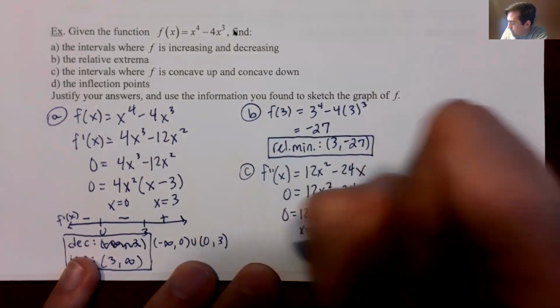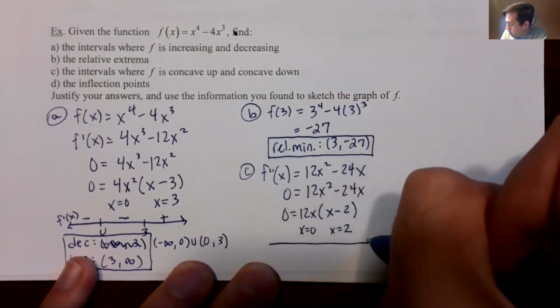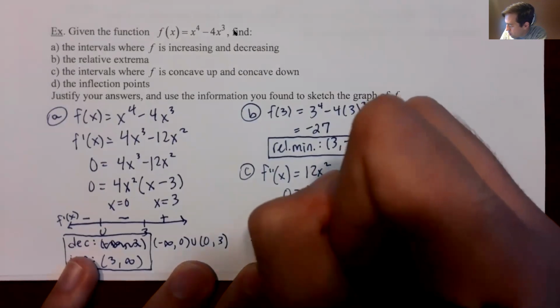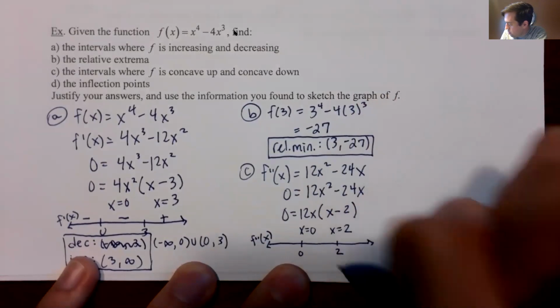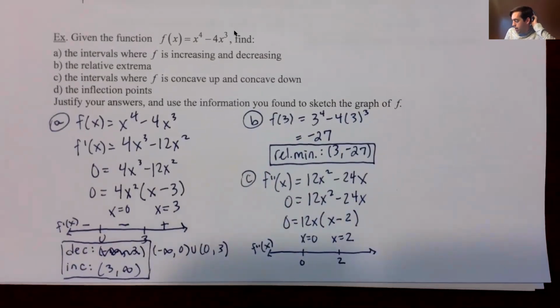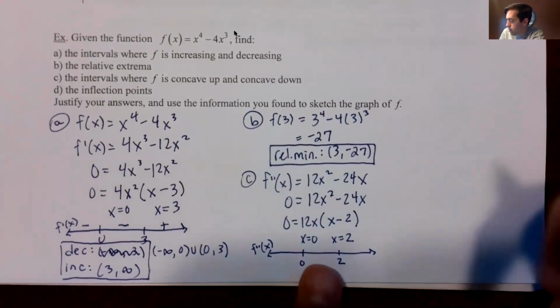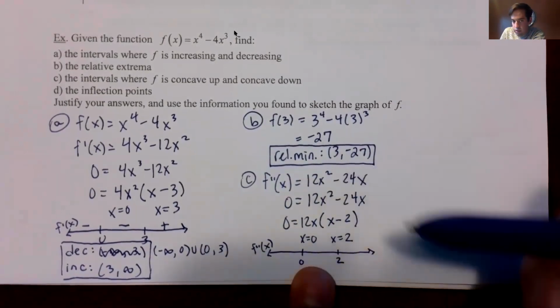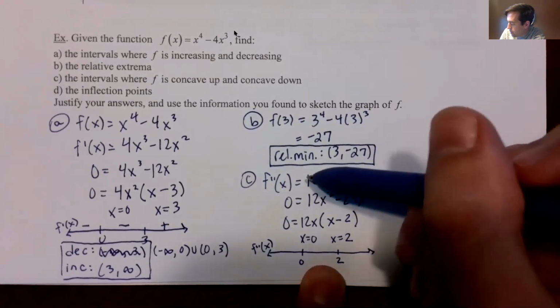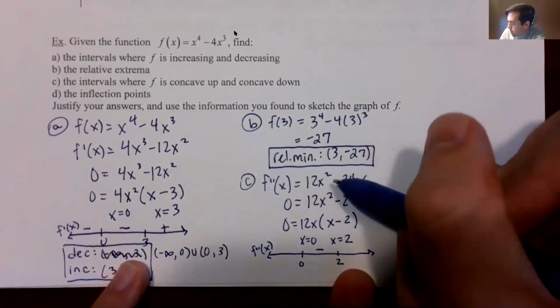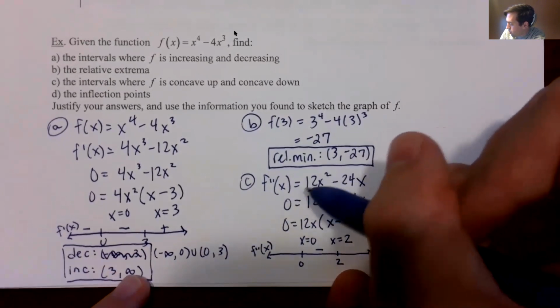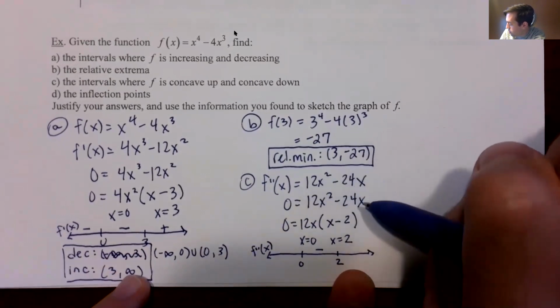So I make my second derivative sign chart. We have 0 and 2 on this. And let's think about this. So we have to plug these numbers into the second derivative. If I plug in 1, I'm going to get 12 minus 24. That's negative. If I plug in 3, I'm going to get 12 times 3 squared minus 24 times 3.